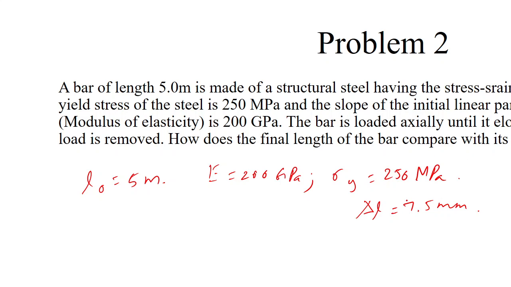So here, the bar elongates up to 7.5 mm, right? The deformation, delta L, is actually given, because you can see a bar of length 5 meter. From 5 meter, it has been elongated by an additional 7.5 mm.